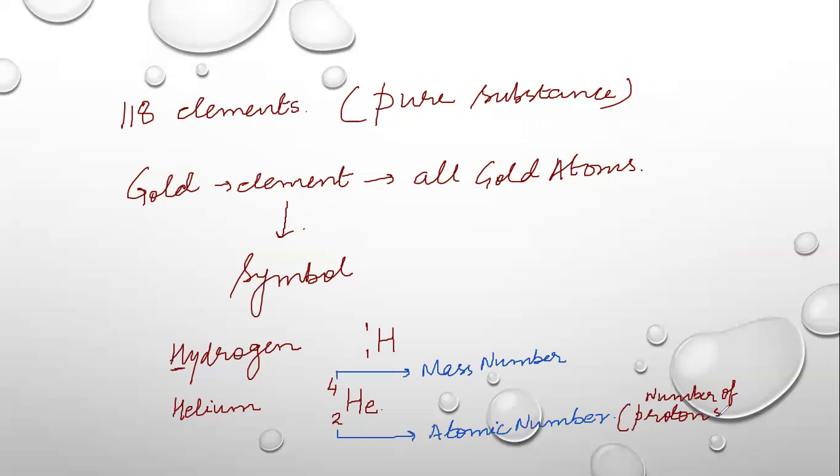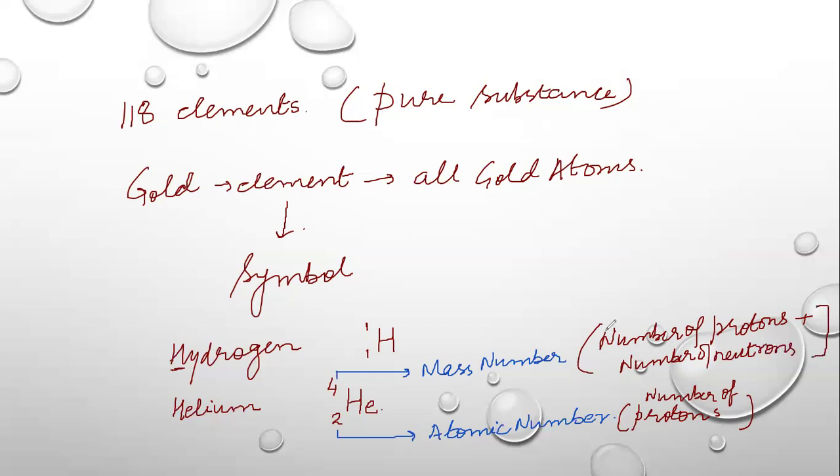number of protons present inside the nucleus, and the mass number tells us about the number of protons plus the number of neutrons. So it's the sum total of the nucleons present in the nucleus.